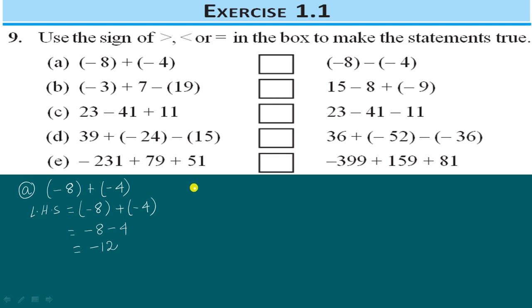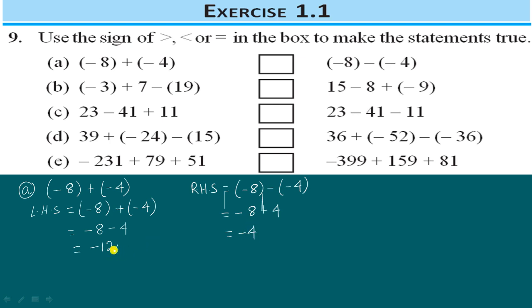We'll find the value of the right hand side. The value of the right hand side is equal to minus 8 minus of minus 4. That is, we are getting minus 8, minus into minus is plus 4, and we are getting minus 4.